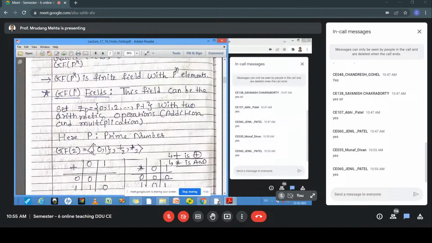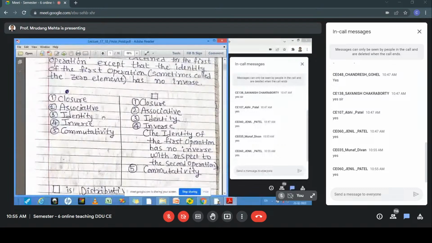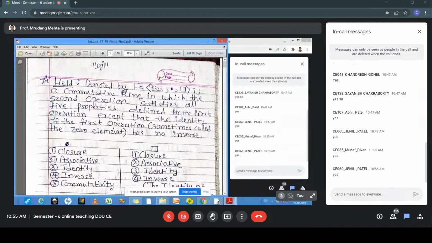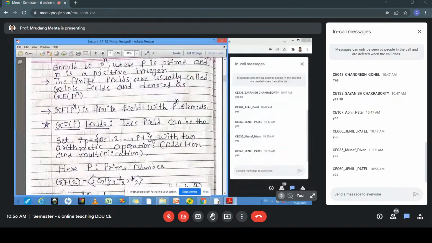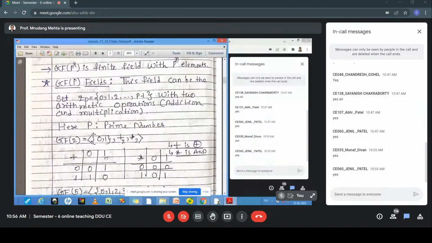As you know, the definition of the field says the first is a set, and the second and third are operators. So here the set has two elements, 0 and 1, and the operators for these elements are plus 2 and star 2. That means addition on this binary number and multiplication on this binary number.